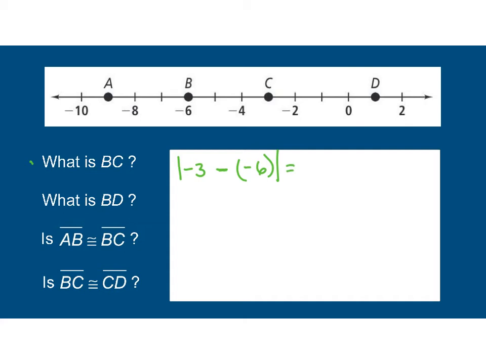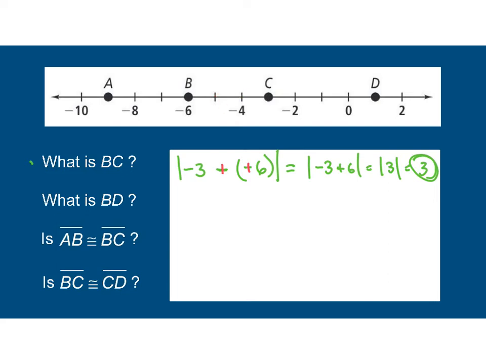So in this case, I'm going to take -3 minus -6. Well, what you understand from subtracting negatives is I add the opposite. And I'm going to end up with -3 plus 6, which is the absolute value of 3, or 3. I'm just showing this to you algebraically right now, but there's nothing stopping you from going through and counting.